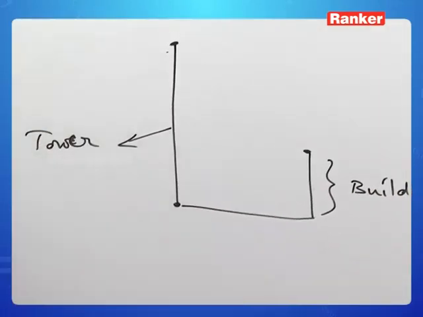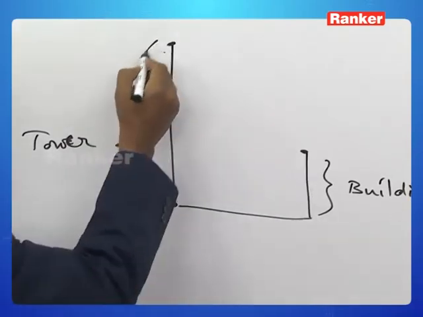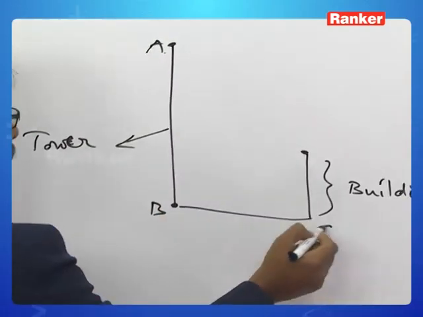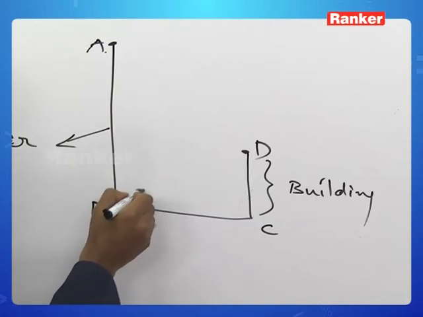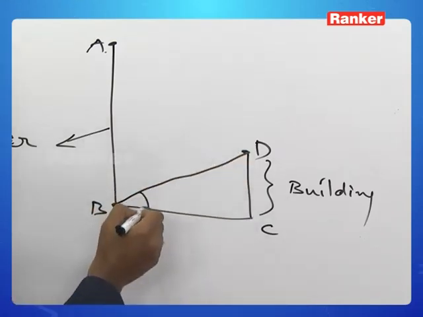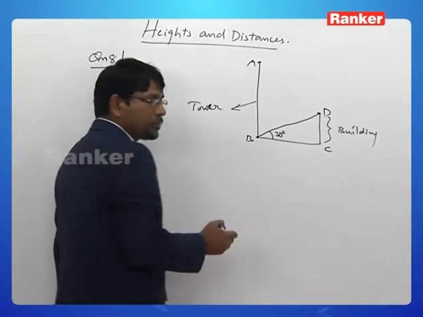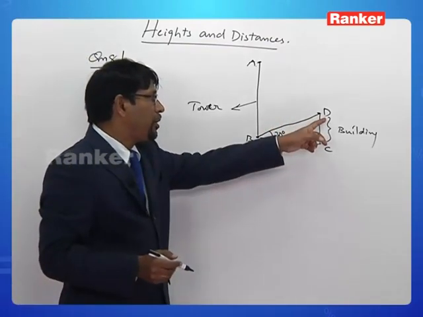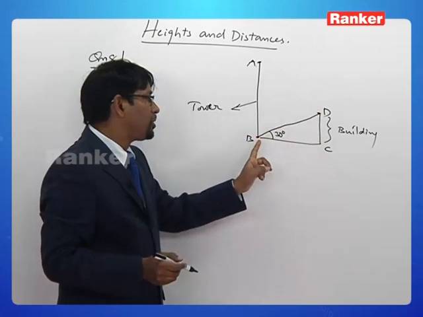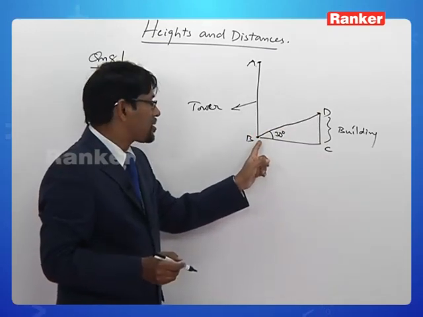Let's say AB is the tower and CD is the building there. He says this angle is 30 degrees. The angle of elevation of the top of the building from the foot of the tower is 30 degrees.